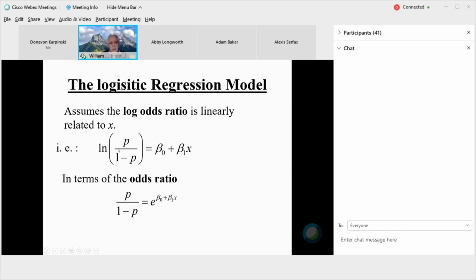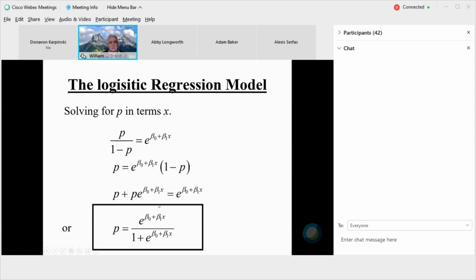Now, if I solve this back in terms of P over 1 minus P, just take exponentials on both sides. Then you can solve for P in terms of x. P over 1 minus P is e to the beta naught plus beta 1 x. Bring the 1 minus P over here, bring everything with P onto the one side. We get an equation for P. It's e to the beta naught plus beta 1 x over 1 plus e to the beta naught plus beta 1 x.